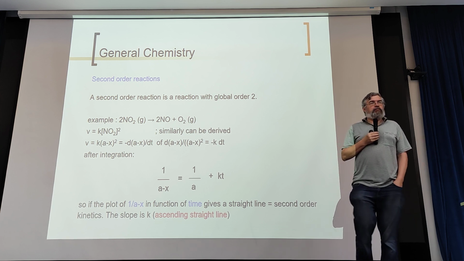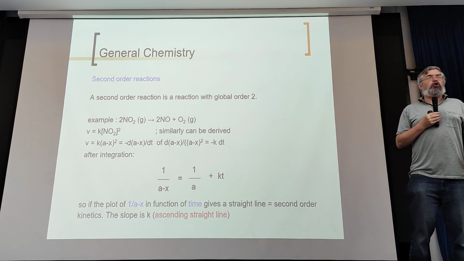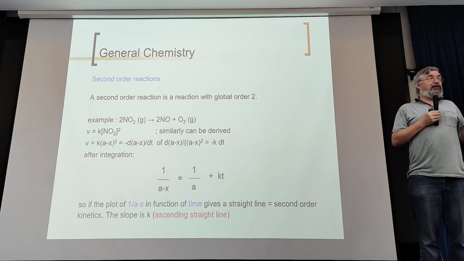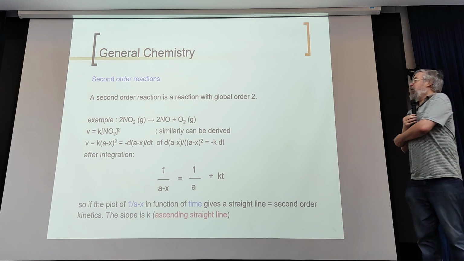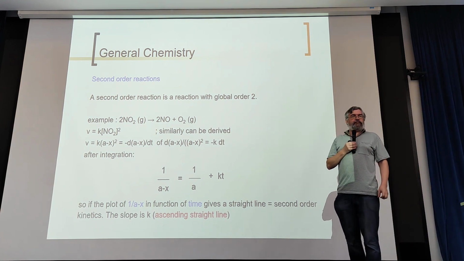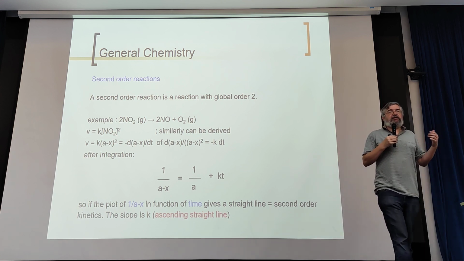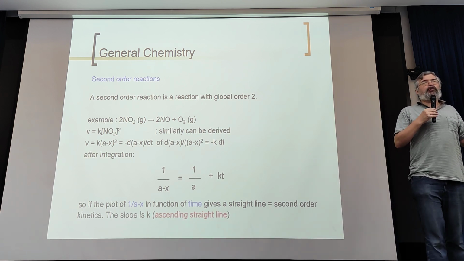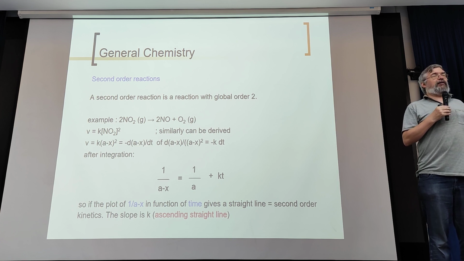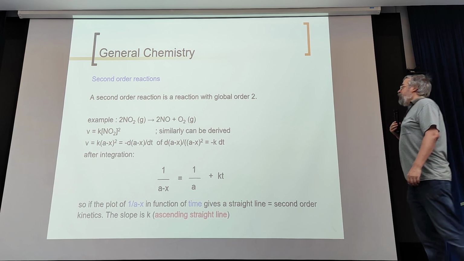And again, no way of knowing that. We are just finding this experimentally. We need the second order for NO2. So it looks like in the reaction mechanism, two molecules of NO2 have to come together. That's why we have the second order in the concentration.